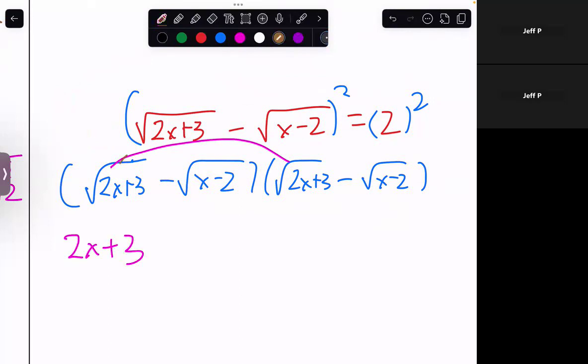This is going to get very complicated because you have to multiply the insides. Minus 4x plus 3x minus x, and then this one would be the same.